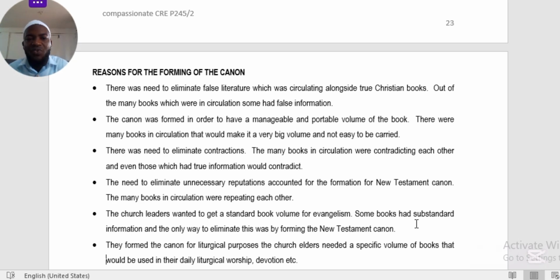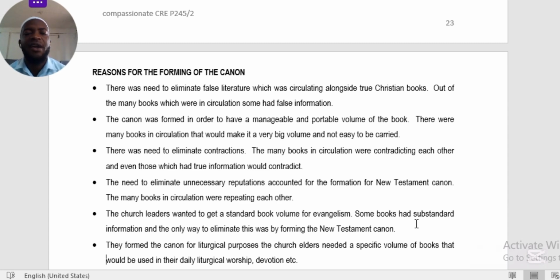So books that had false information or wrong literature had to be selected out and dumped. So the reason they were doing the canonization is to eliminate false books or false literature which was used alongside the right ones. The canon was also formed in order to have a manageable and portable volume of books.